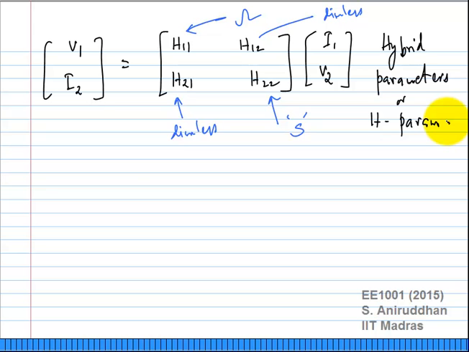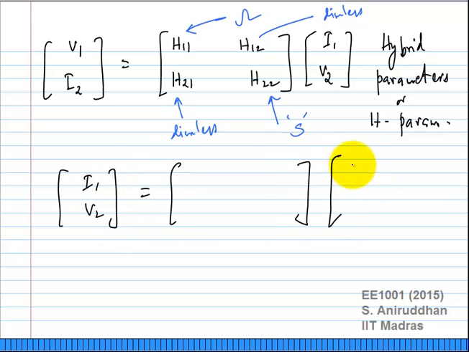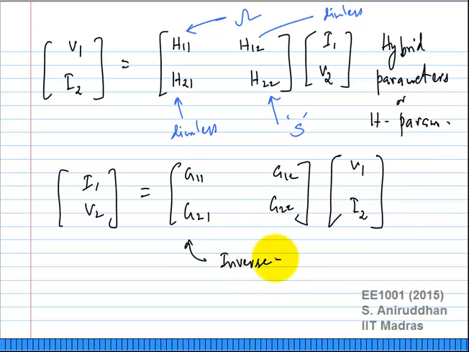Similarly you can write down the other pair, which would be I1 and V2 as something times V1 and I2, and as it turns out, G11, G12, G21 and G22, and these are termed the inverse hybrid parameters, or G parameters.